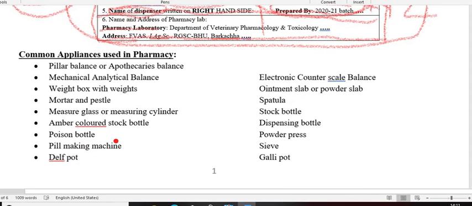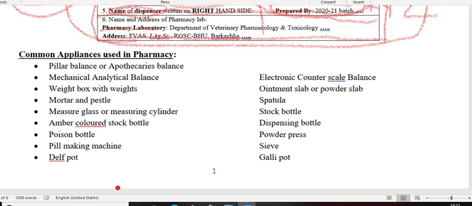Now we go through the appliances that should be used in a pharmacy lab, and these are minimal. Even if you need more, minimal items should be there.